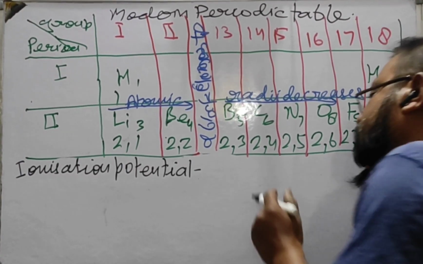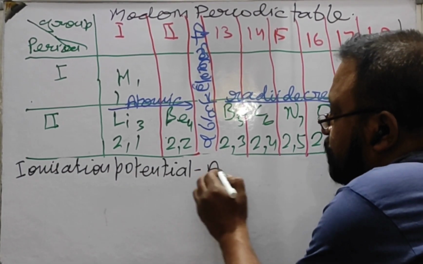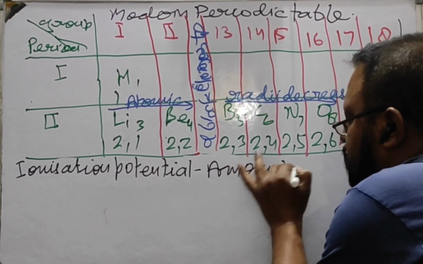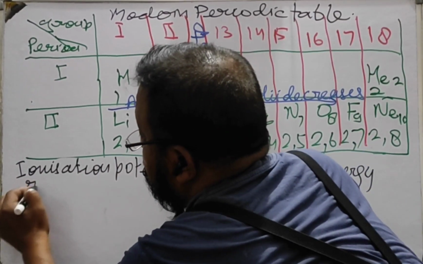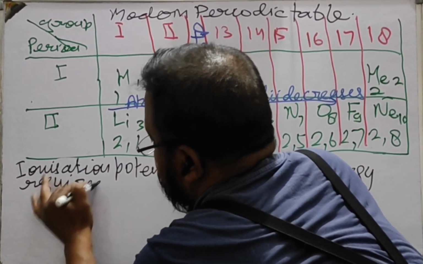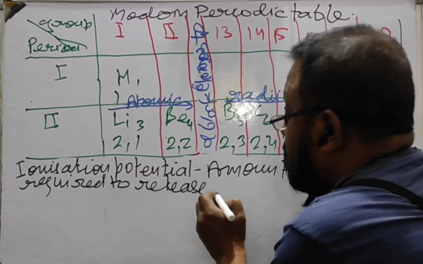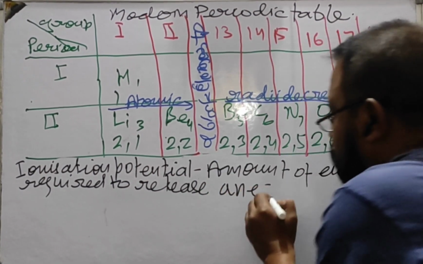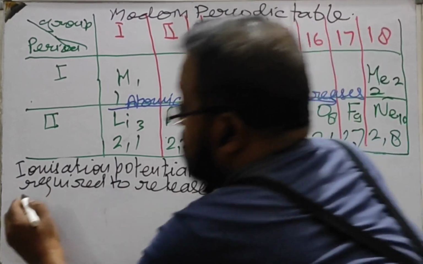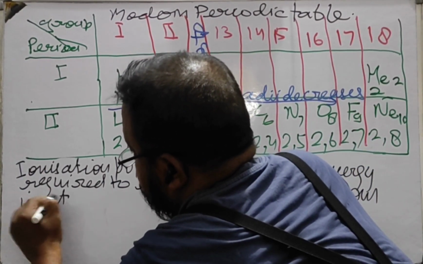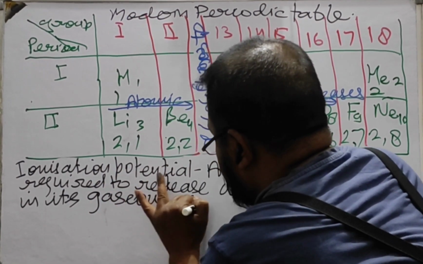It is the amount of energy required to release an electron from an atom in its gaseous state. That is called ionization potential.